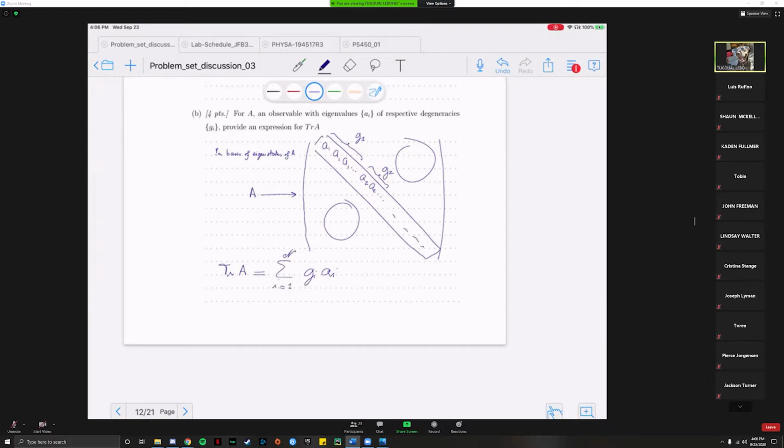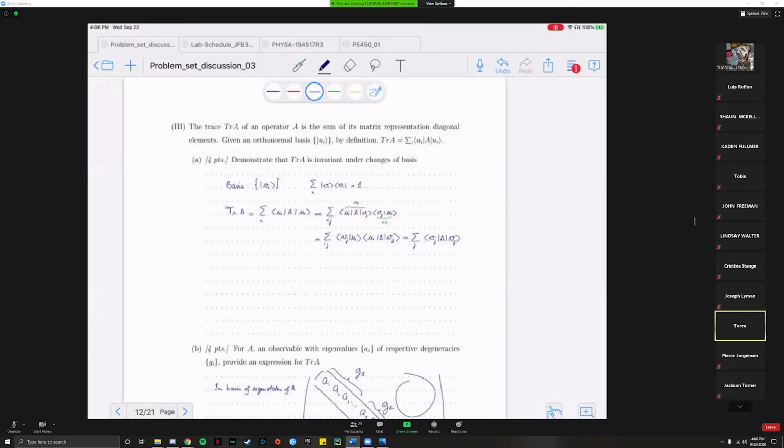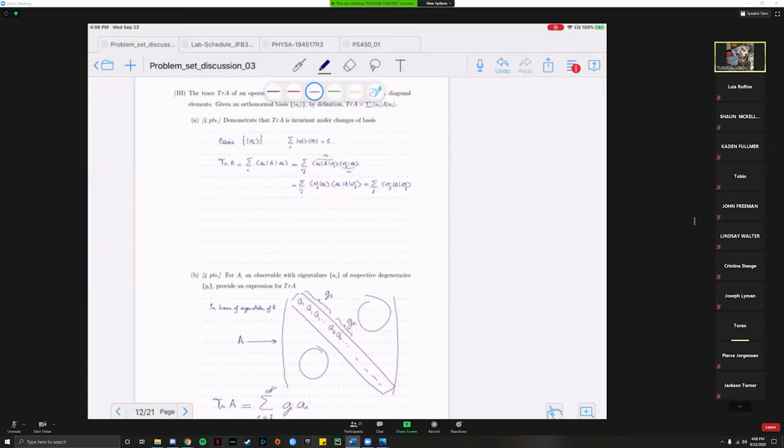Okay, that's it. Sorry, is it the number of eigenvalues or eigenstates when you have degenerate? There is an eigenstate for each one, right? For each one.